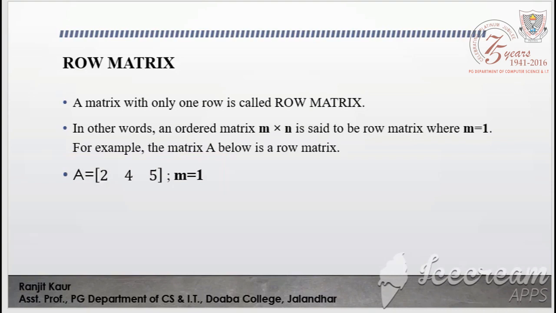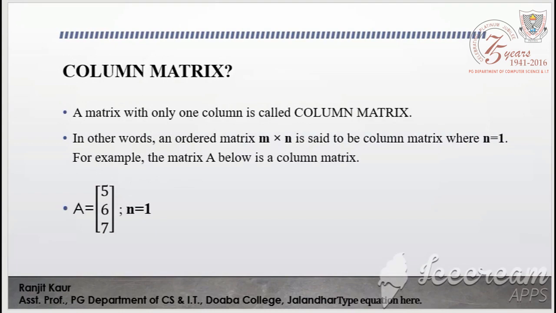So moving further, let's see the second type of matrix. The second type of matrix is the column matrix. A matrix which has only one column is known as a column matrix. As you can see over here is a matrix A and this matrix has 5, 6, 7.